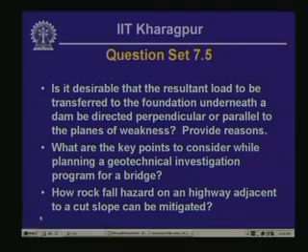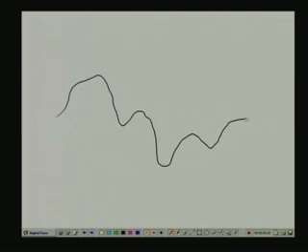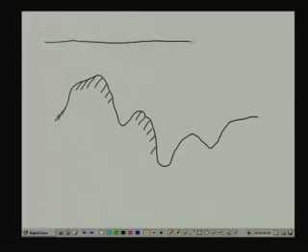Now in order to illustrate the problem, let's consider a case like this. Let's say the bedrock surface is weathered in a very undulated, very irregular manner. So this is the surface of the intact bedrock. Now the overburden on top of this intact bedrock is relatively weak.